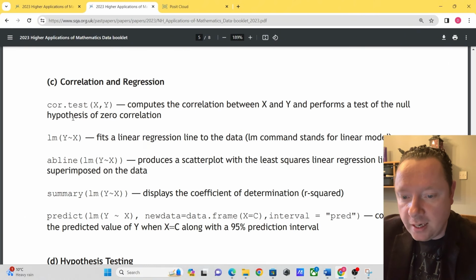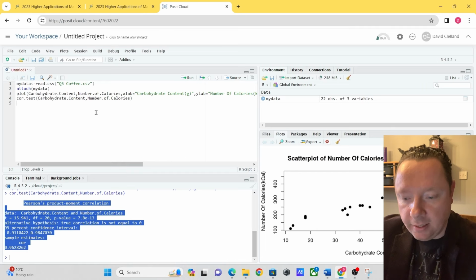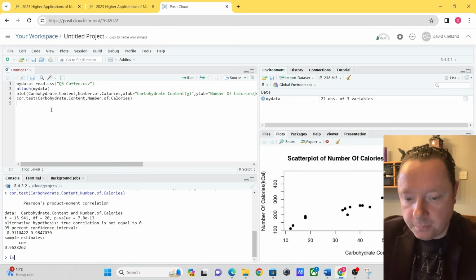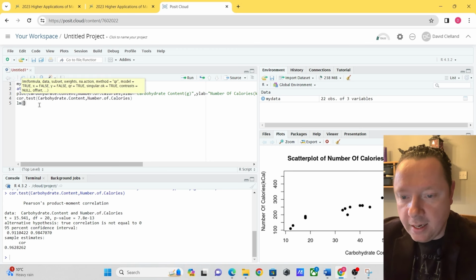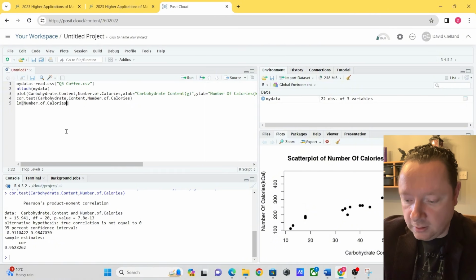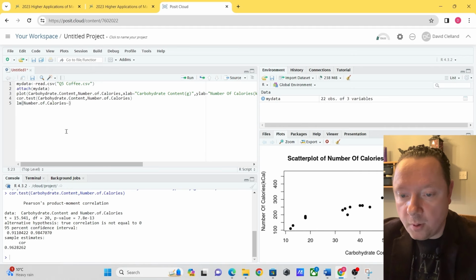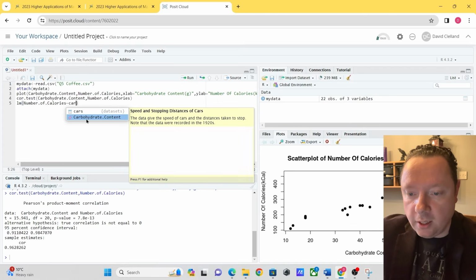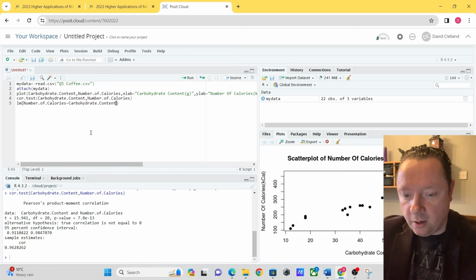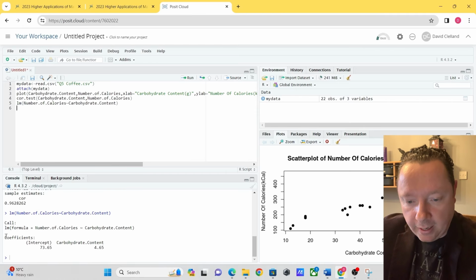We have got the second command here fits a linear regression line to the data. lm(y ~ x). So back to here, lm, writing it in the wrong place, make sure you're up there. lm bracket y is our number of calories, number of calories. Tilde is shift hash on my keyboard, you'll just need to maybe look for it, but carbohydrate content, carbohydrate.content. Make sure the brackets close, Control Enter, and we get an output.